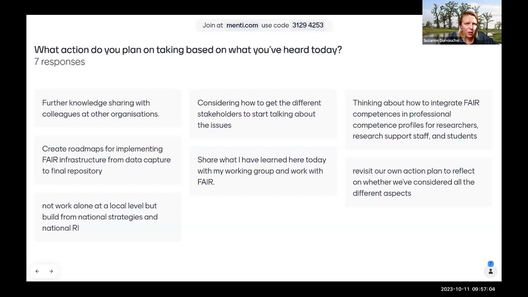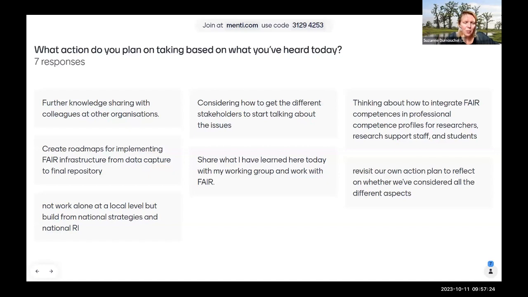Not work alone at a local level, but build from national strategy and national research infrastructure, I guess. Yeah, indeed. We cannot achieve a concrete implementation of FAIR if the work is done alone.